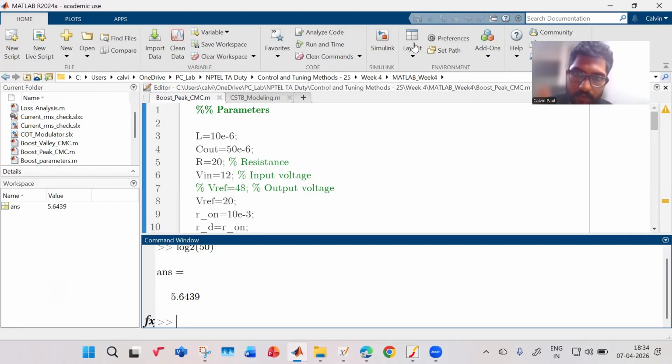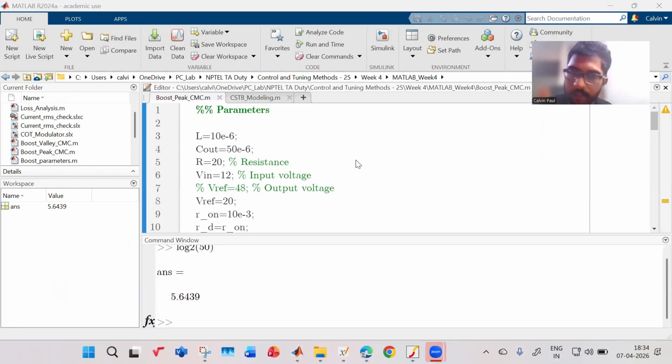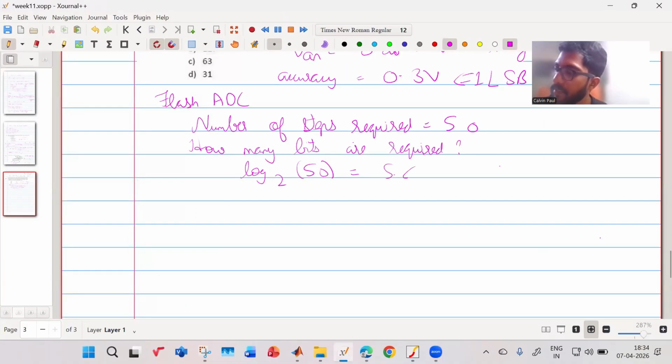Yeah, 5.64 you also got. So it is 5.64, correct? So you must take the ceiling function of that. The ceiling of 5.64 is actually 6. Okay, so as you are right, you need 6 number of bits. So that means you need a 6-bit ADC.